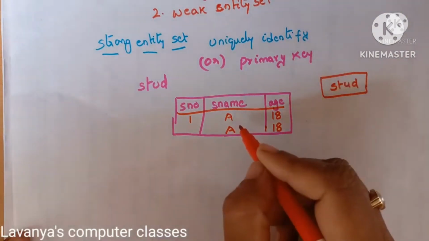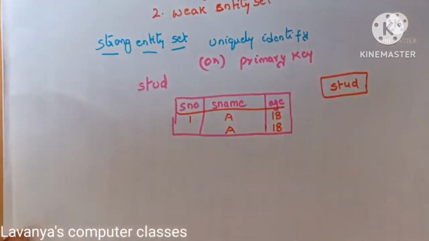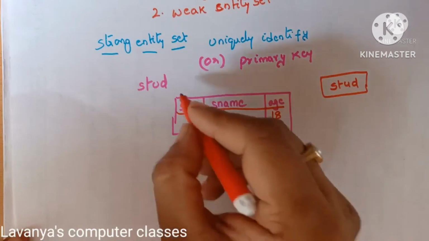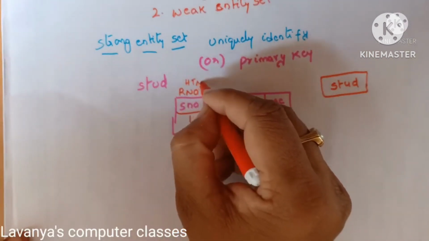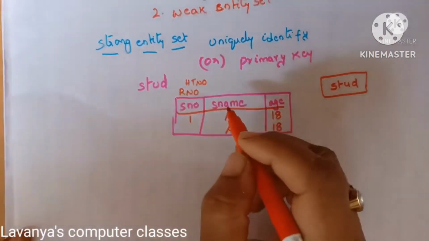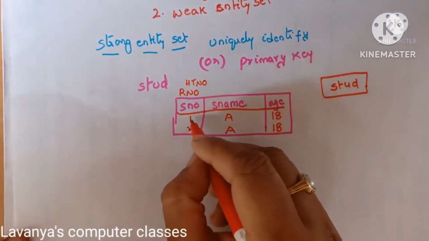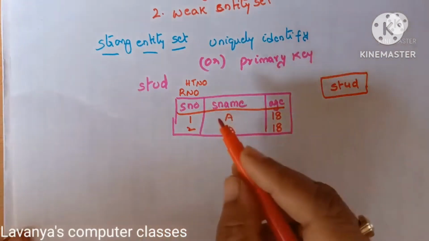But how can you identify one student from another? We need one attribute that is different and unique, like your roll number or hall ticket number, because hall ticket numbers are not common from student to student.